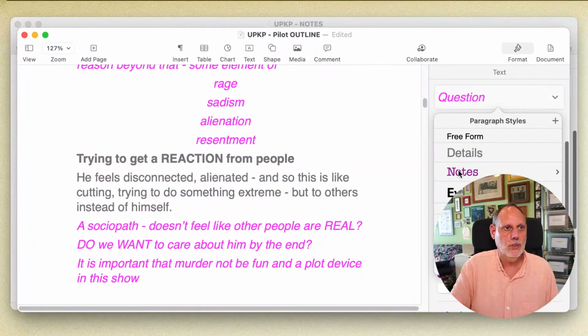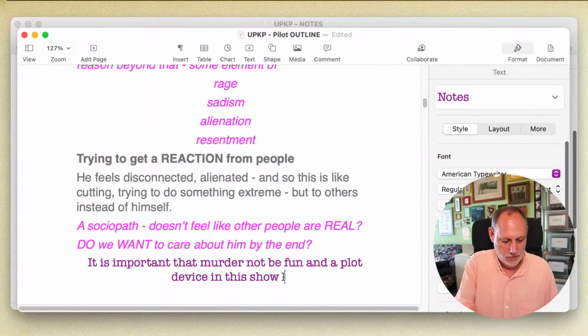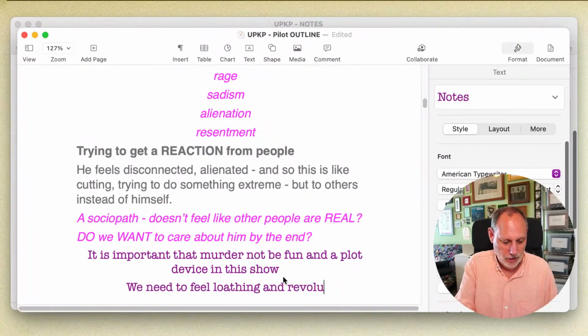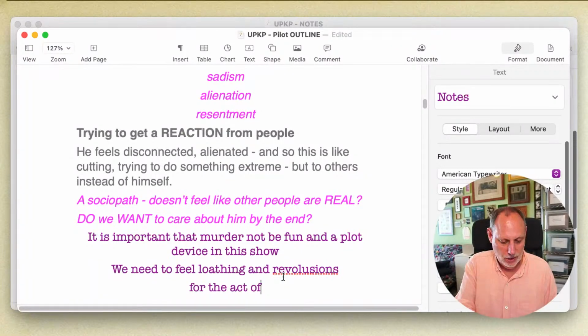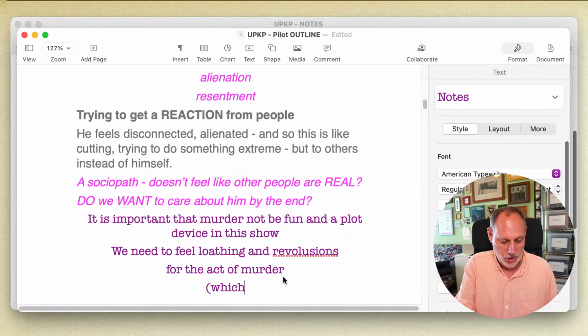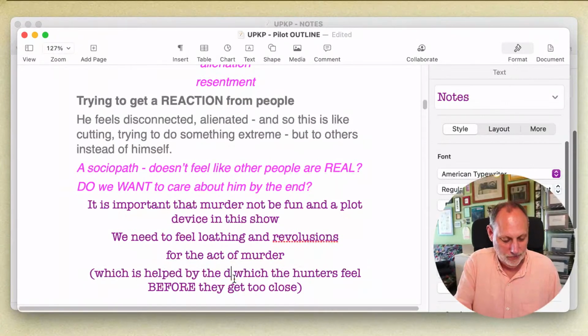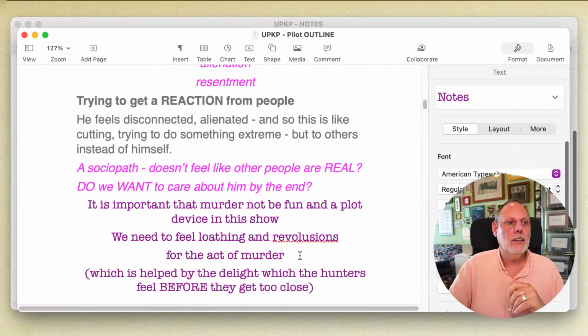Let's make this: loathing and revulsion for the act of murder, which is helped by the glee which the hunters feel before they get too close. Delight. Revulsion.